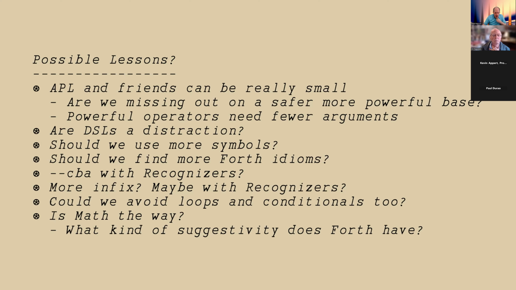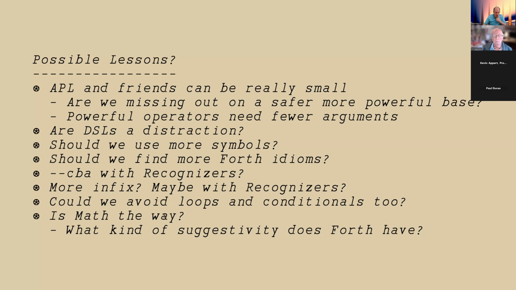Possibilities there. Certainly, I think this aspiration of avoiding loops and conditionals. In Thinking Forth, there's a long discussion about trying to avoid conditionals if you can calculate things rather than have those ifs. And I think APL does an admirable job of avoiding it, and going a step further and avoiding loops is an interesting concept.